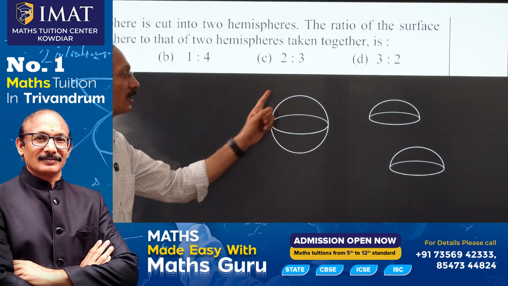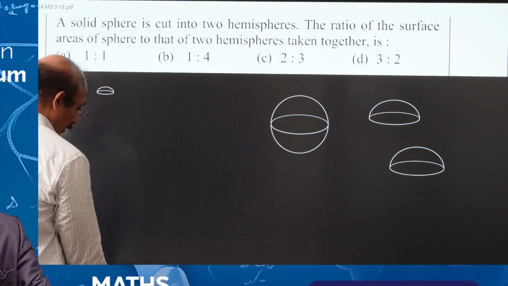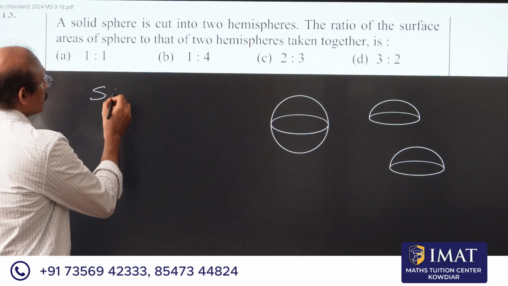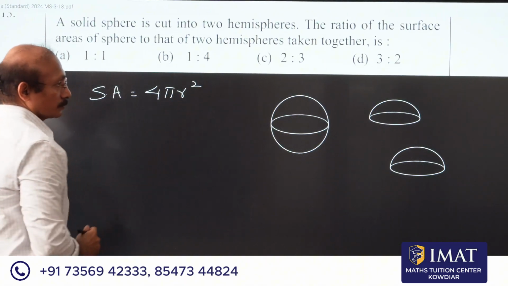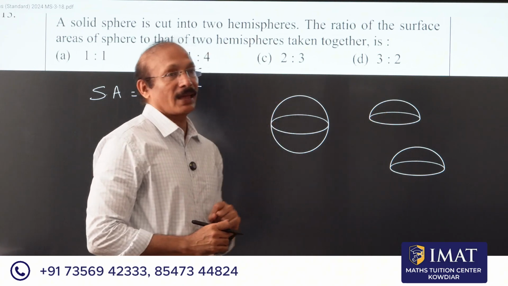What is asked? You need the ratio of the surface area. Now what is the surface area of a sphere? Surface area of a sphere is, you know, it is 4 pi r square. Now, what is the surface area of a hemisphere?